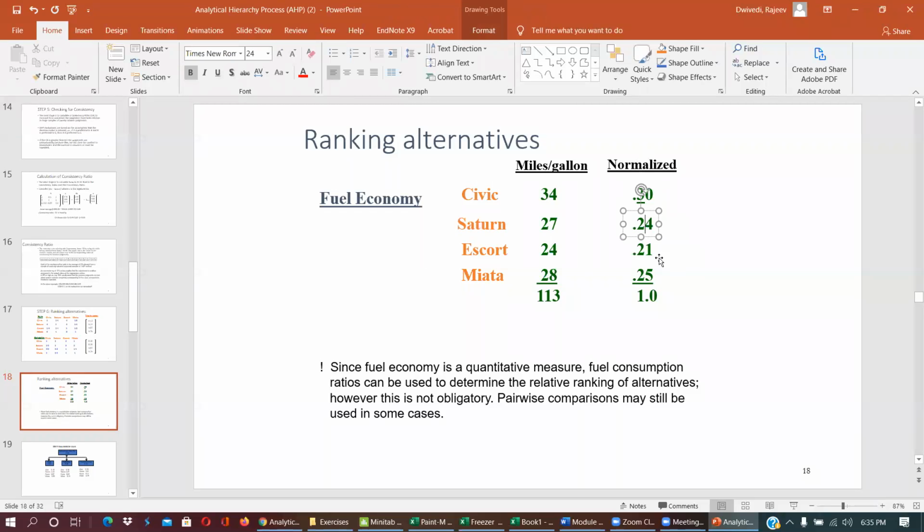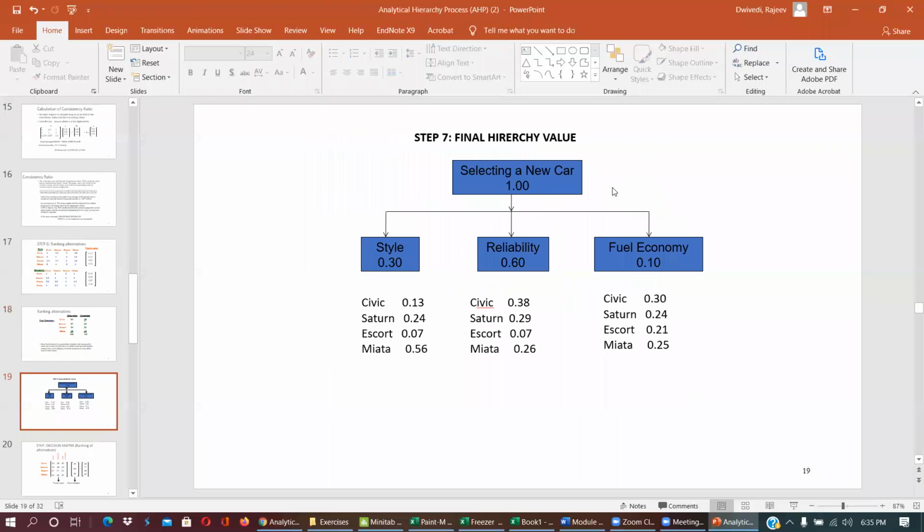So 0.34. Now we have our final hierarchy to make the decision: in terms of style, reliability, and fuel economy, the eigenvector for all 4 cars.